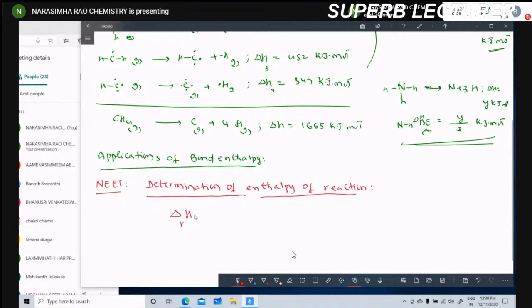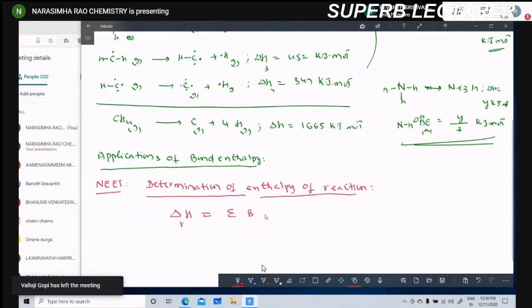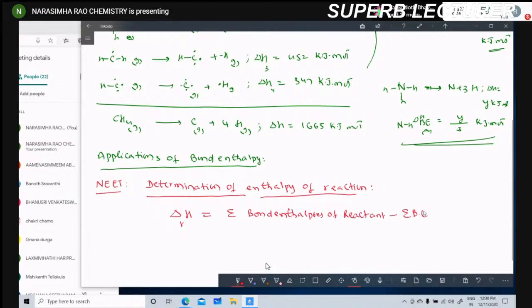Delta H of reaction, under standard condition or normal condition, whichever you like, is equal to sigma, the summation of bond enthalpies of reactants minus sigma bond enthalpies of products. Reminder: in every other case it is product minus reactant, but here it is only reactant minus product. Reminder. This is most important.